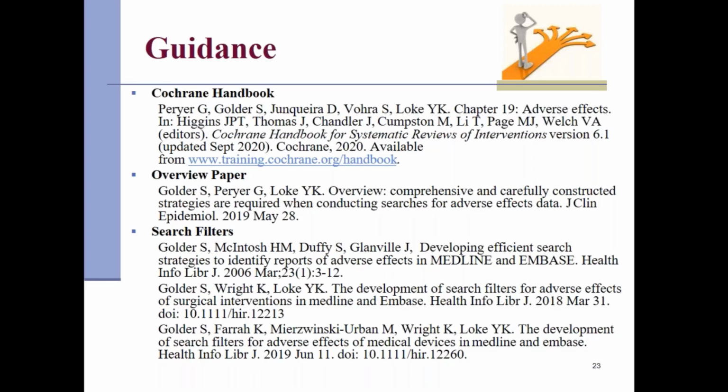And then there are three search filters published in Hilge, one for adverse drug reactions, one for surgical interventions, and another for medical devices. And I do realise the drug adverse effects filter is very out of date, and I am in the process of trying to update that.